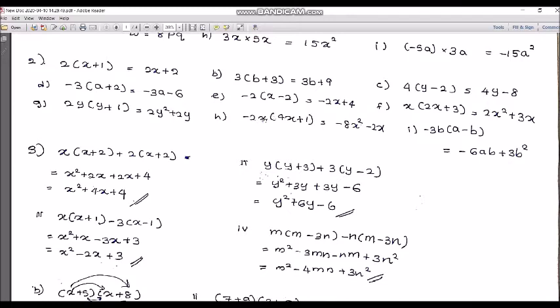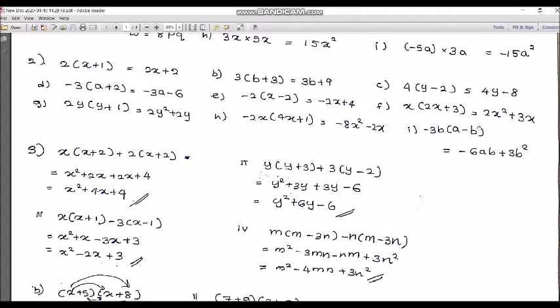We always have to treat constants and variables separately. So here x into x is x squared, and minus 2 into 4 is minus 8. That is how the minus 8 has come. And here minus 2 into plus 1 is minus 2, and the x here. That is how we simplified that.